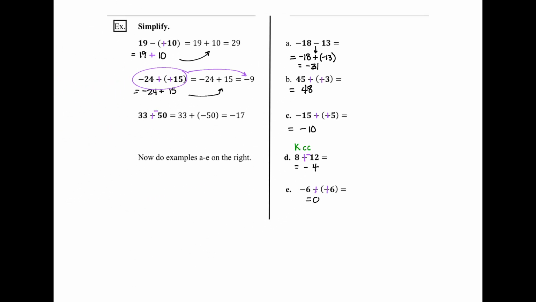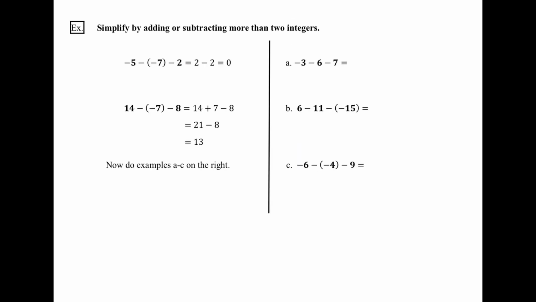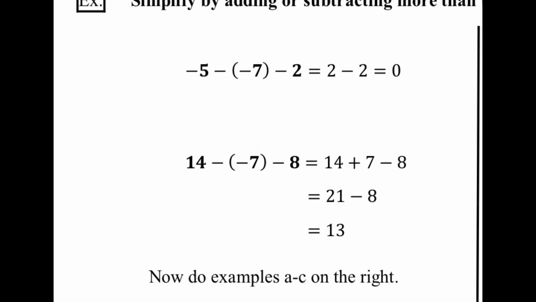Oh, I didn't get all of that lined up at the top. This is what it looks like when you have three numbers. If you had 4, you would just extend it one more step. I'm not going to do theirs the way they did it. I'm going to do it the way I want to do it. Here we go. Negative 5. You never change the first one.